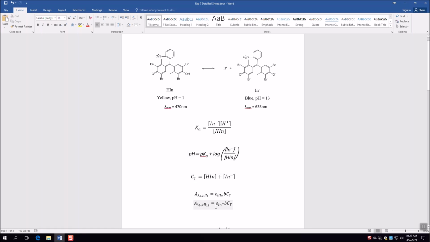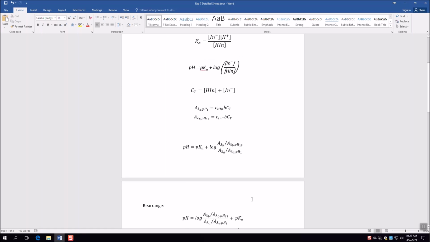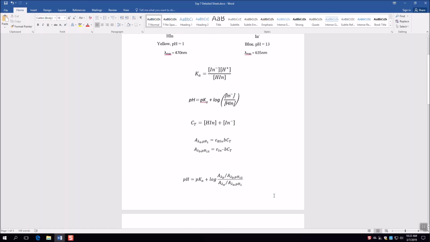So here, A equals epsilon b c again. Now, we're plugging these values into the Henderson-Hasselbalch equation. How we do that math is not super important. It is derived for you in the lab manual, but what you want to realize is what this relationship means. The concentration of In minus is at the top of the Henderson-Hasselbalch equation.